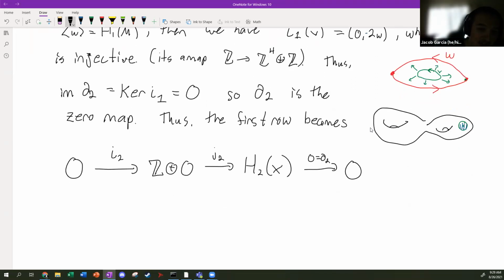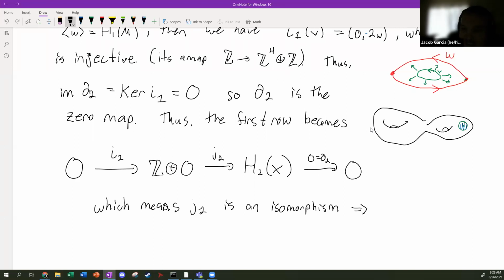Right. Which means J2 is an isomorphism, i.e. H2 is isomorphic to Z. Right? Because Z plus 0 is Z. So H2 is isomorphic to Z.